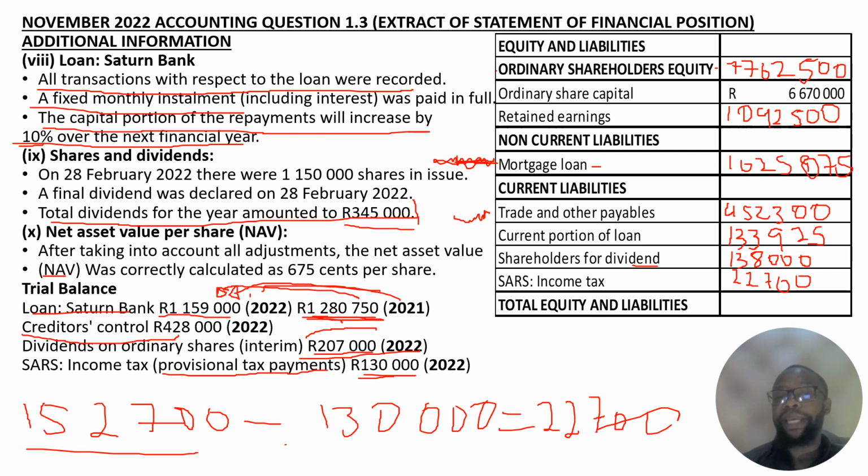So now we can add all our information. We'll start by adding all our current liabilities: 22,700 plus 138,000 plus 133,925 plus 452,300.